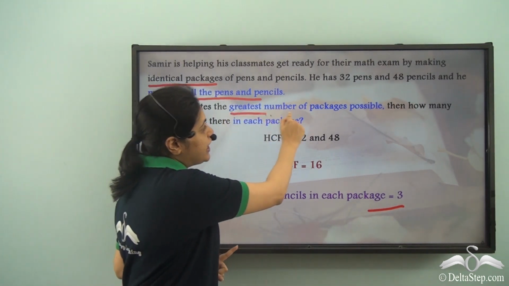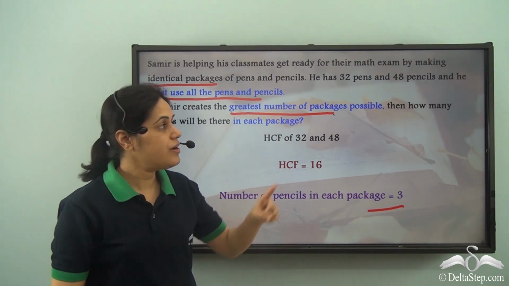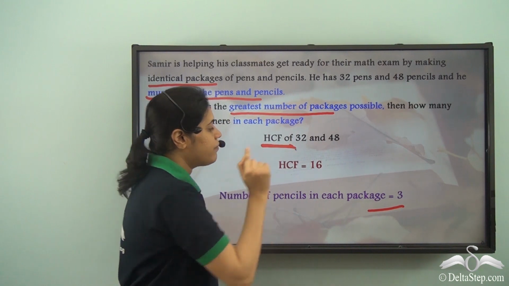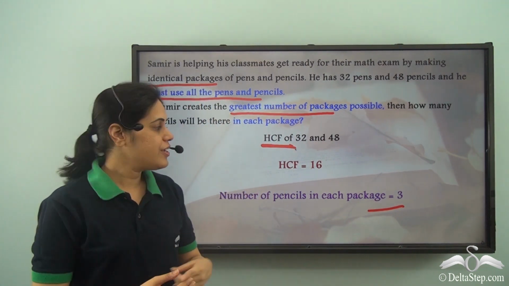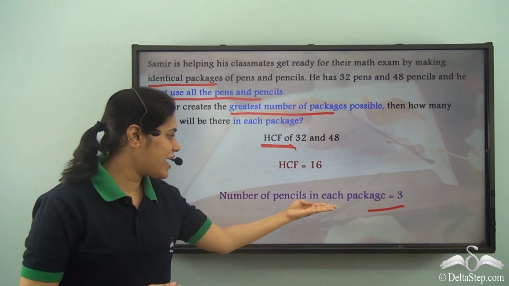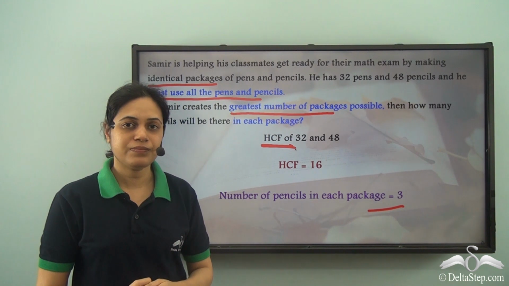Thirdly, greatest number of packages, so the highest number which divides both of them, which is nothing but HCF. Once I find the HCF, that is the number of packages, I can easily find the number of pencils in each package.